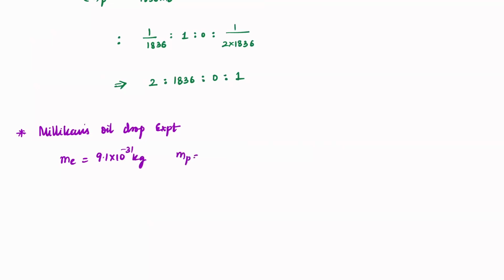Mass of proton was found out to be 1.67 into 10 raised to the power of minus 27 kgs, while charge of electron will be 1.602 into 10 raised to minus 19, and charge of proton will be same value except it will be in a positive sign. That's it.